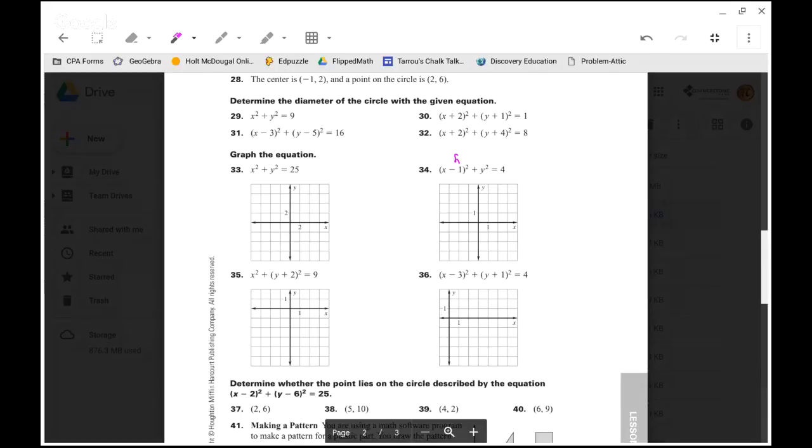And the number with your x is your H, and the number with y is your K. So remember the formula is x minus H, and then y minus K. So since it says minus 1, then our H is just 1. And our K, because there's nothing there, is 0.